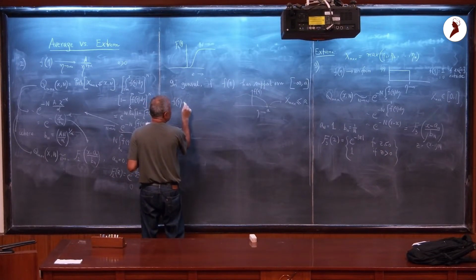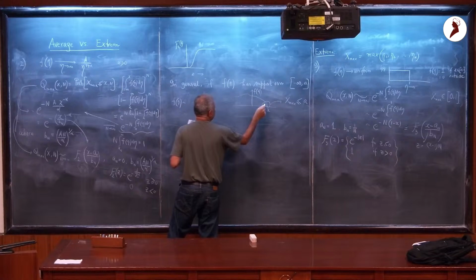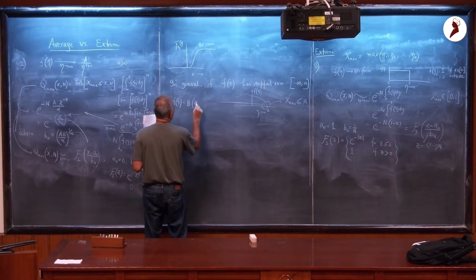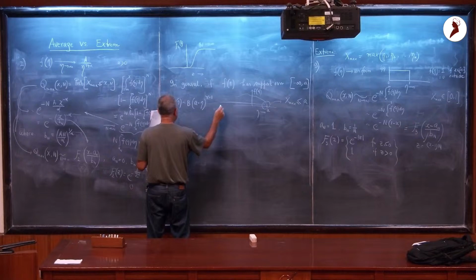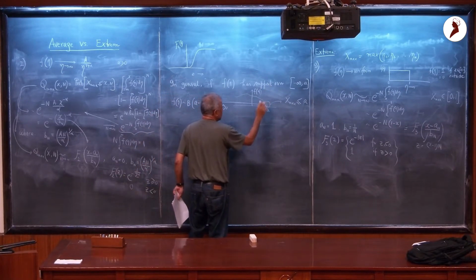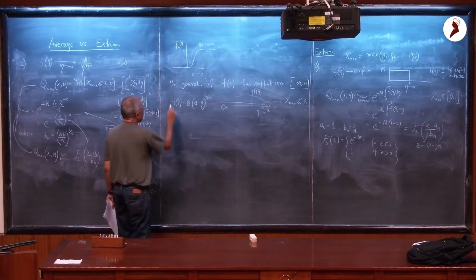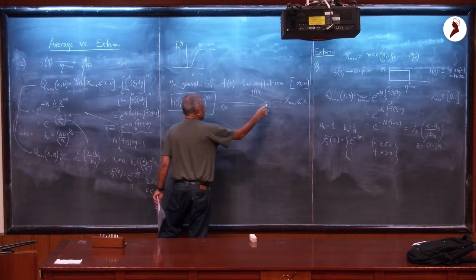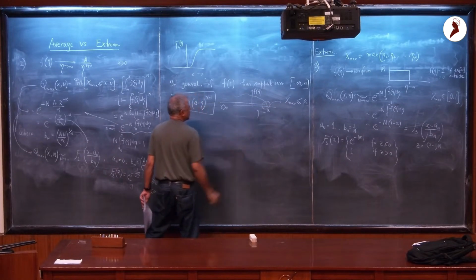So suppose that near this upper support, f eta behaves very generically like b times A minus eta to the power gamma minus 1, where gamma is positive. It doesn't have to go to 0, it can diverge also, but an integrable divergence. So suppose that this is the local behavior near the upper support.